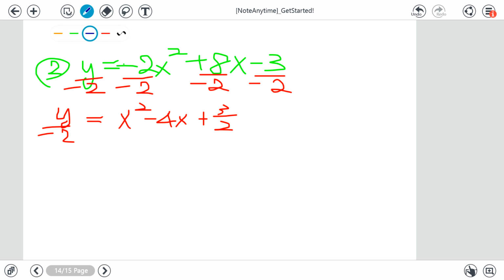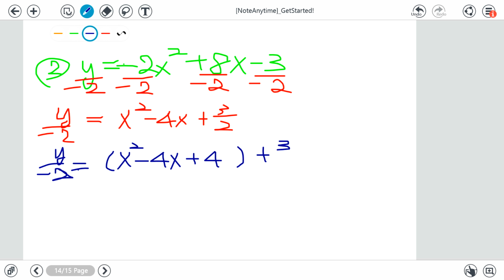Now I would have y over negative 2, and I'm going to complete the square here. x squared minus 4x plus 4 as we would, plus 3 over 2.